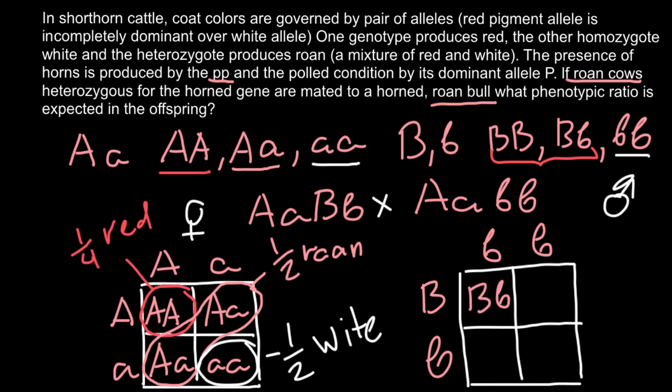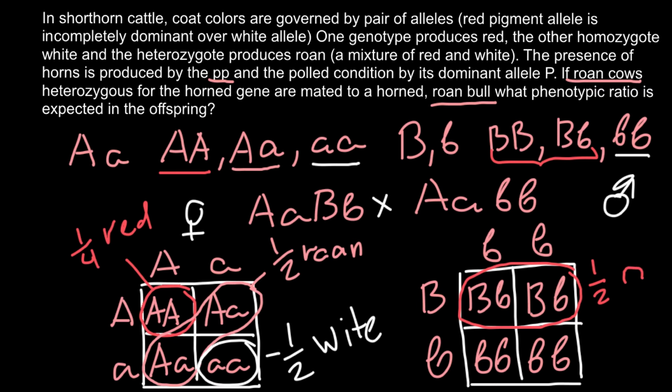Capital B small b here, capital B small b here, and small b small b here and here. The heterozygous genotype means hornless, so we expect that 50%, or 1/2, of the progeny wouldn't have horns, and I would use this sign to designate no horns, and the other 50%, or 1/2, we expect to have horns.